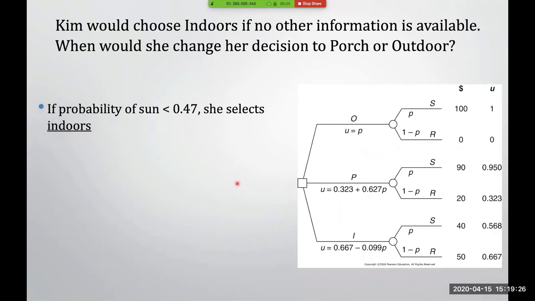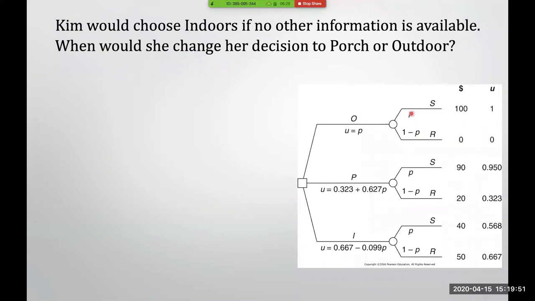What we're seeing on this graph is that we are using P, which is a number between 0 and 1, to represent the probability of a sunny day. And then 1 minus P is just the probability of a rainy day. So we're being agnostic about what the value of P is. We just set it to be a constant number that we may change from one to another.